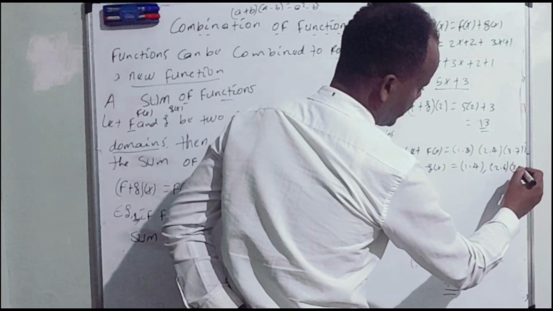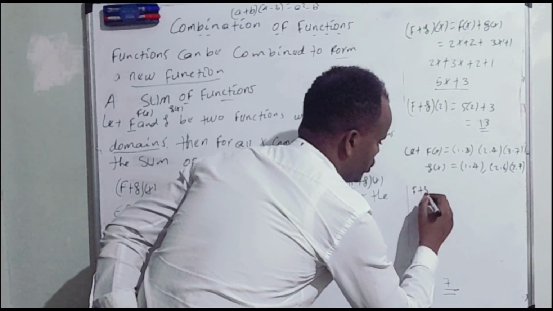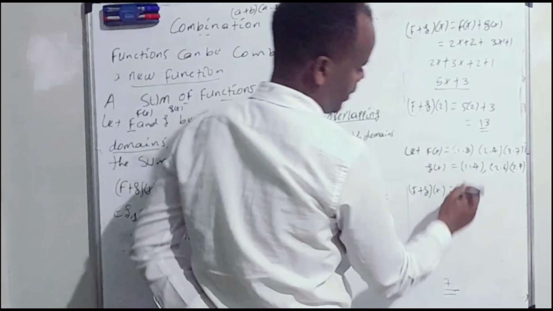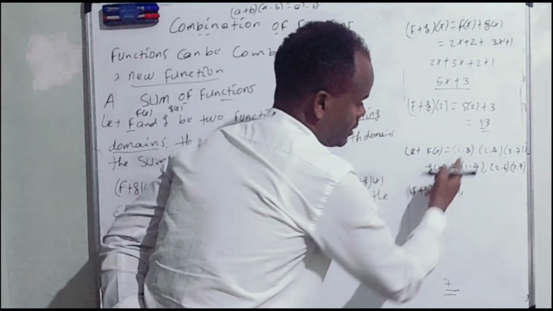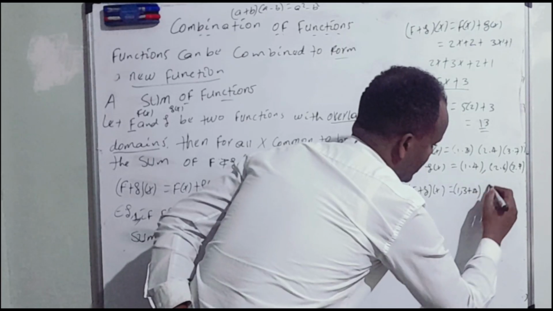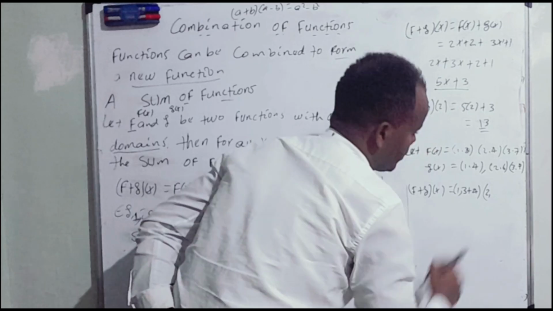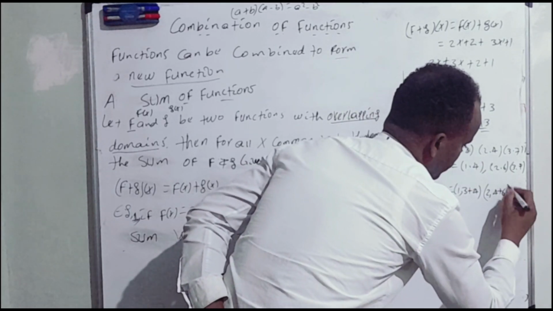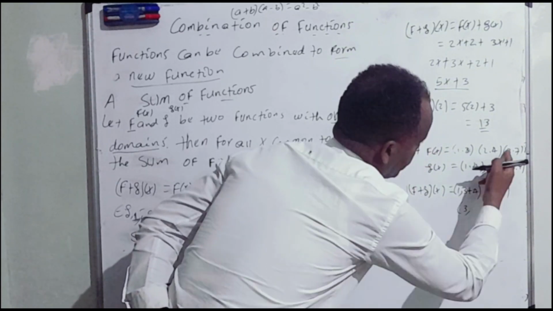Then find f plus g of x. Select the common first component and add the second components: for 1, 3 plus 4; for 2, 4 plus 6; and the last one, for 3, 7 plus 9.